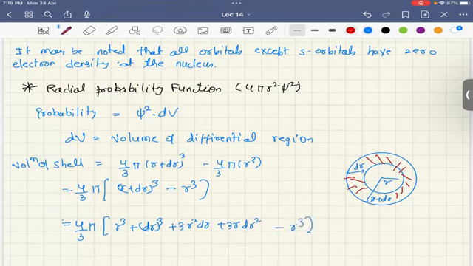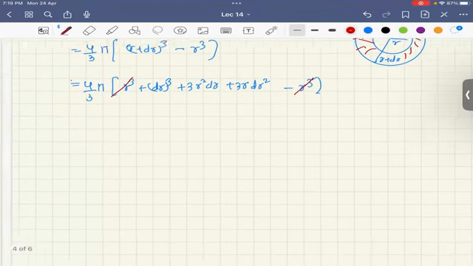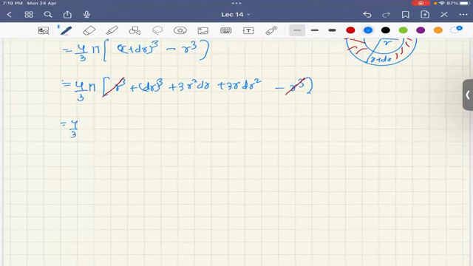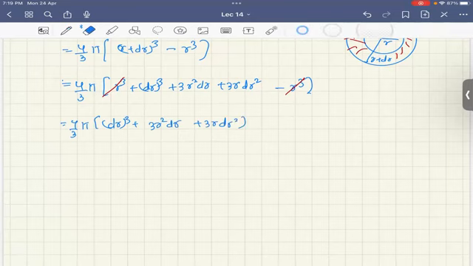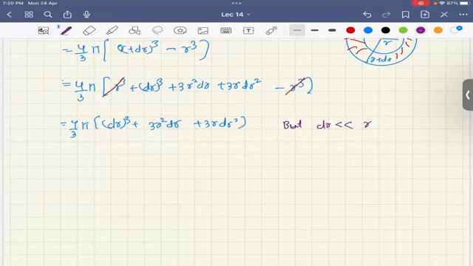Cancelling out the r cube terms, we are left with 4 by 3 pi times dr cube plus 3 r square dr plus 3 r dr square. But dr is very small compared to r, hence dr cube is very small compared to r cube.